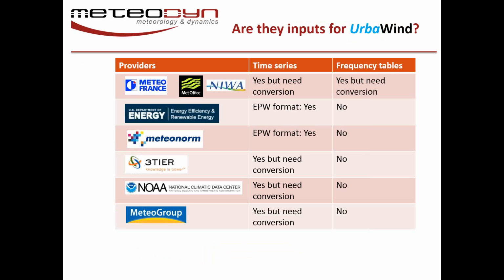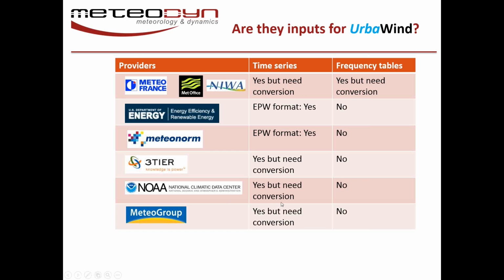So how can they be input of UrbaWind? Well, in most cases you need some conversion, but it's quite straightforward. For the time series, what you need for UrbaWind is just 2 columns, the direction and the mean speed. That's all you need. In some cases, you may need to simplify your wind data.